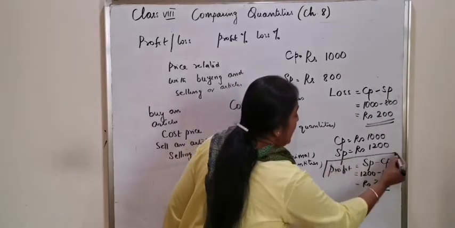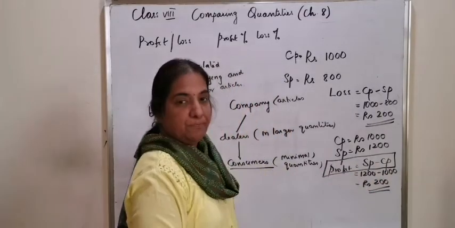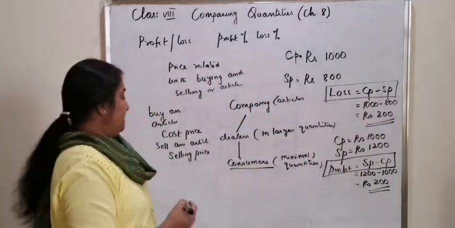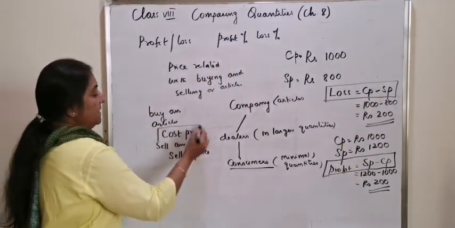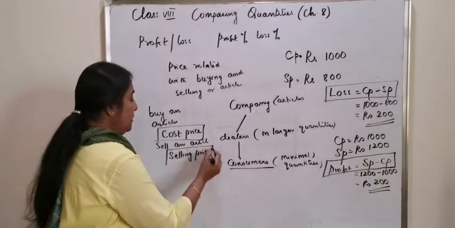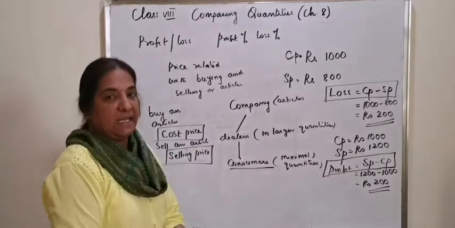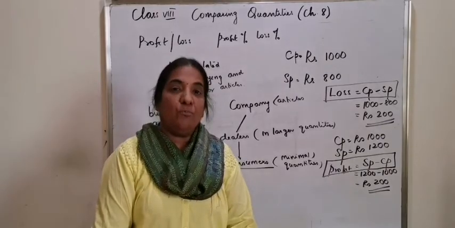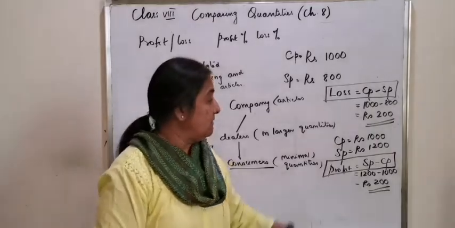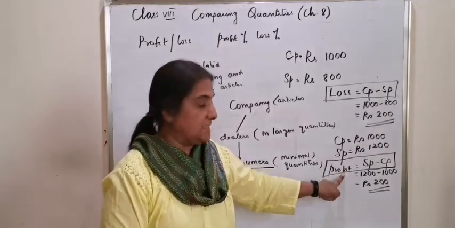Profit is calculated as SP minus CP. Loss is calculated as CP minus SP. When you buy an article, you name it the cost price, and when you sell an article, you call it the selling price. And now, as I have explained in the previous problem, how do you calculate profit percent?